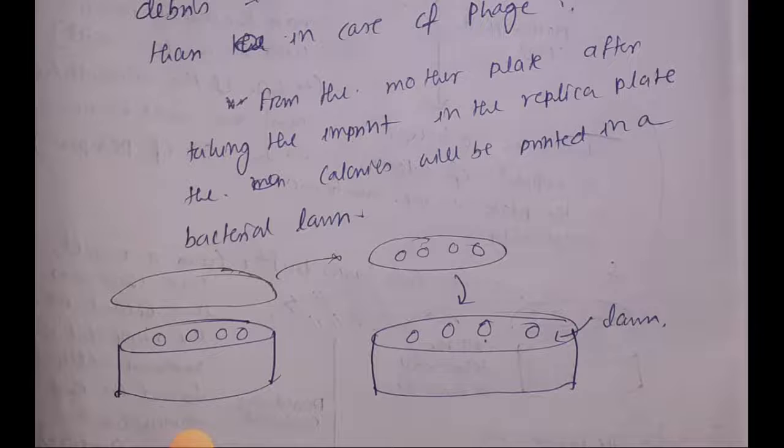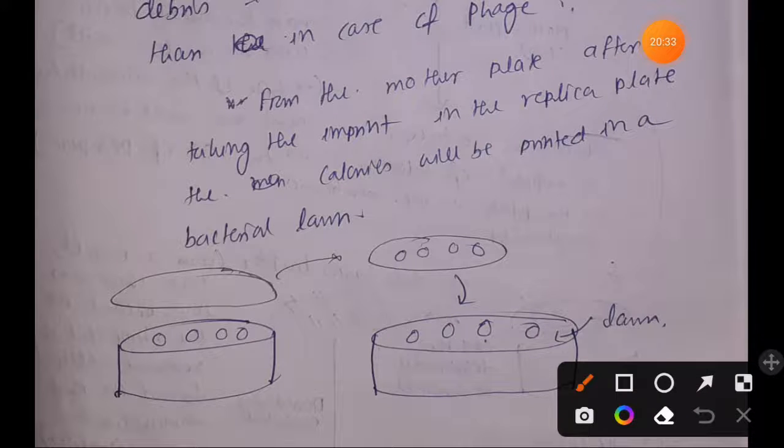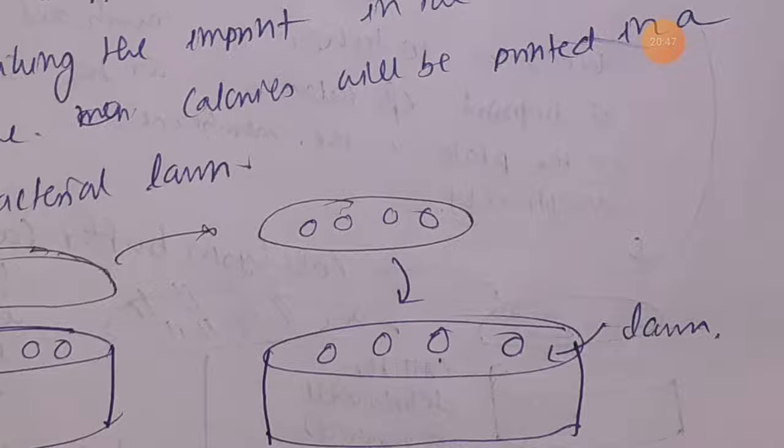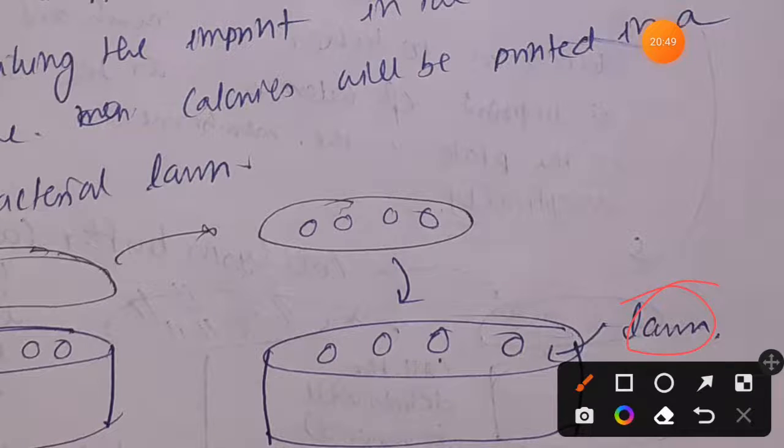Another thing I want to mention is that during plaque hybridization, when you create a replica plate by imprinting those colonies that are already imprinted on the nitrocellulose membrane, you have to imprint them within a bacterial lawn. Just think about this: here we are willing to grow phages, right? And what is the food of the bacteriophage?